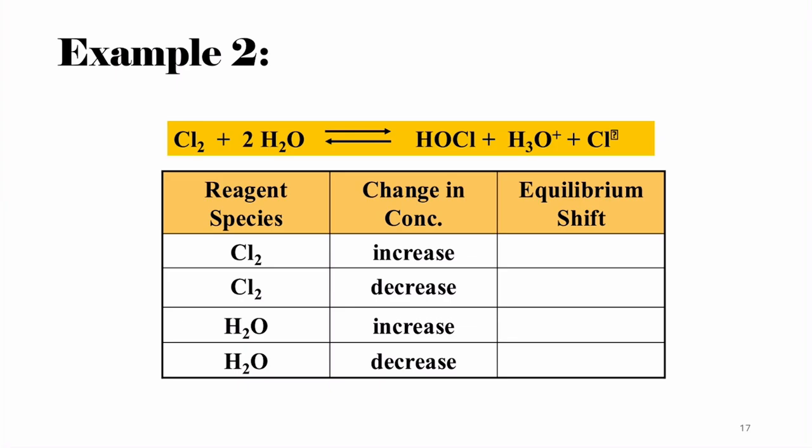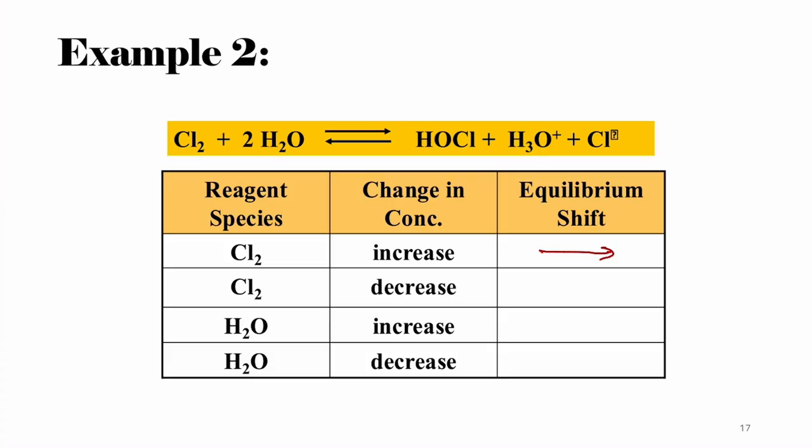Everyone can point that way or that way, left or right. It should shift to the products, right? Because as we're adding more of this, to keep the ratio the same, we need to move the reaction in this direction. So that should be a shift to the right.